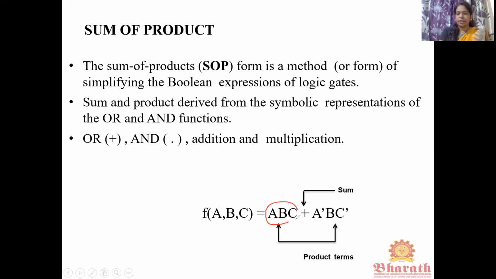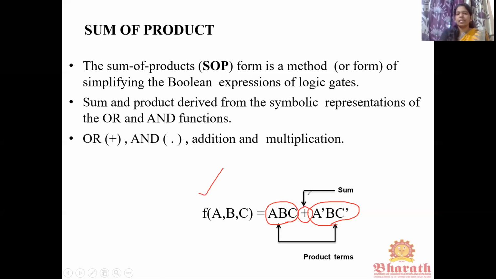These are the product terms, A B C and A complement B C complement. Whether it is in complement or normal form, you have to see the product or sum term. So this is the product term. We have to sum the product terms, so we are using the sum over here. This is the example for SOP.